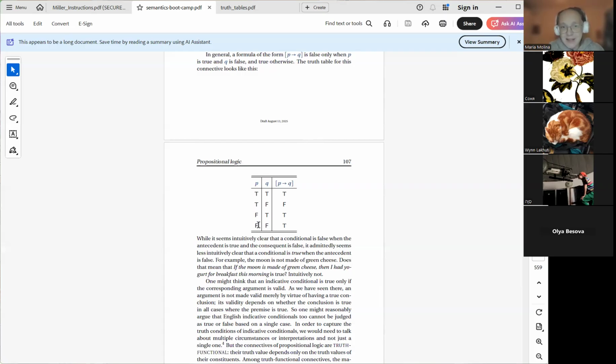If P is false, somehow this formula gives us true. Is it possible that that's the case? Does it check out in that situation? Is that a world where they can coexist?